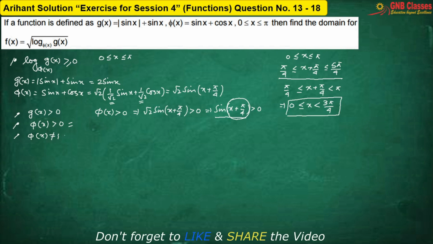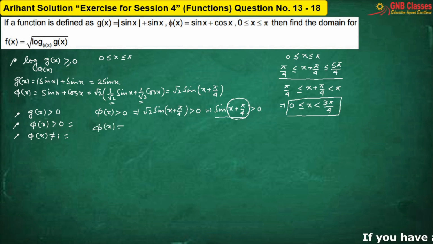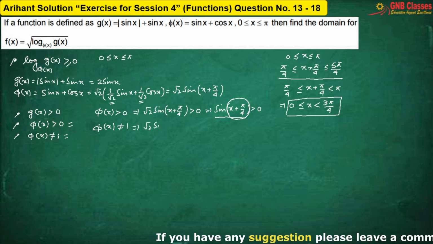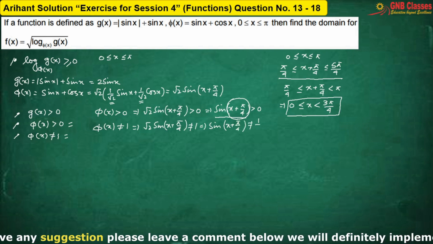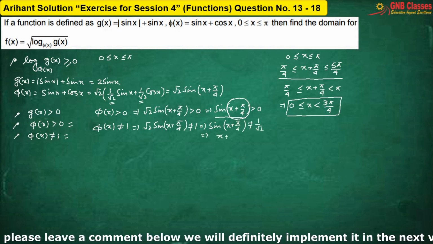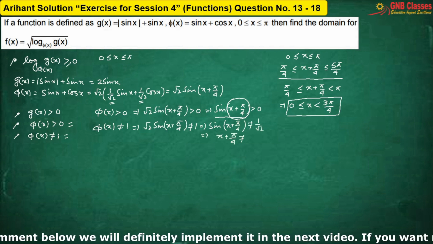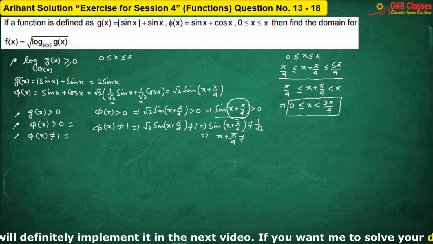Now, let us consider this portion where it states that phi(x) cannot be equal to 1. That implies, see one thing, sine of x plus pi by 4 is 1 by root 2.